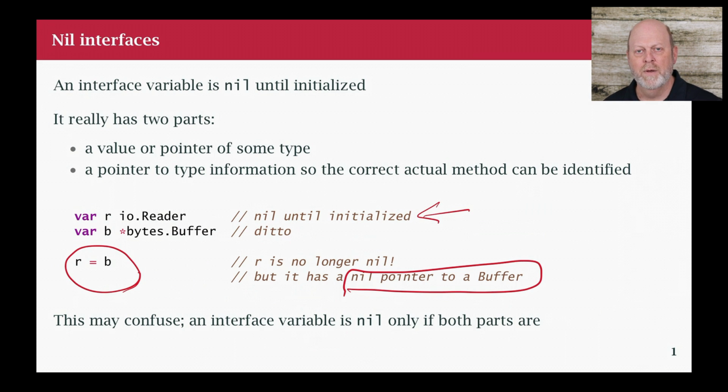If you called length, it might just say nil pointer, return 0, because that makes sense. If you tried to read values out of it, then it would panic and die because there wouldn't be any values. But taking the length of it is okay. So calling a length method, if there were a length method, on a nil pointer is okay.